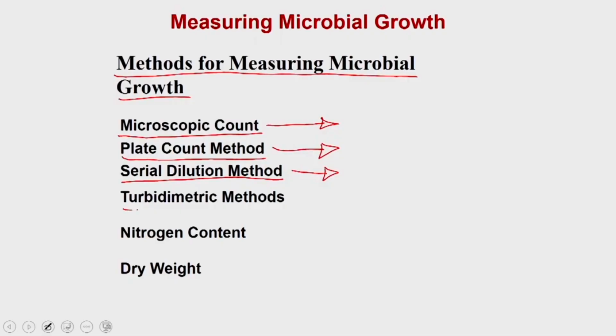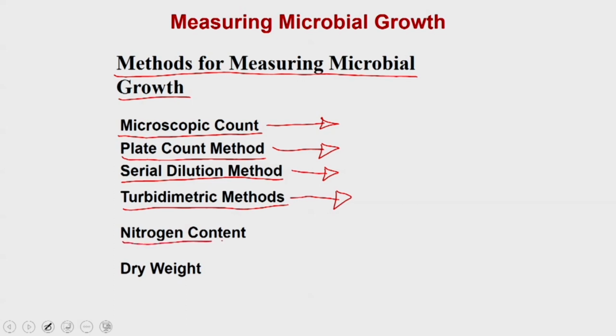You can also use the turbidimetric method. The turbidimetric method utilizes the physical properties of a bacteria. The bacteria is growing in a media, and it is scattering light, so that actually provides turbidity in the media, and that turbidity can be measured using a spectrophotometer, and correlated with the number of bacteria present in a given media.